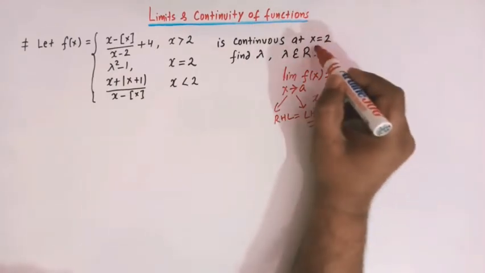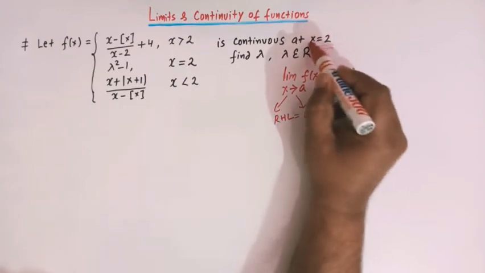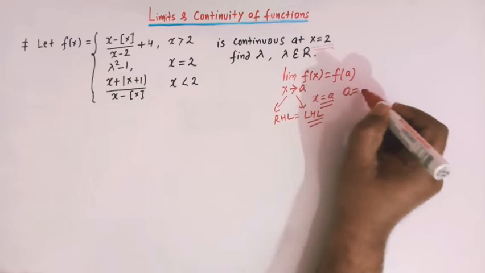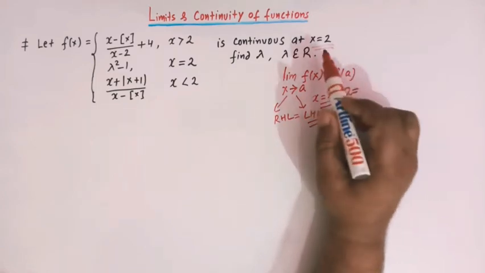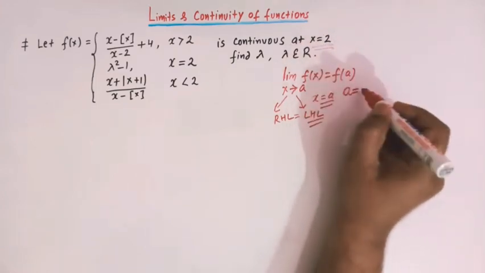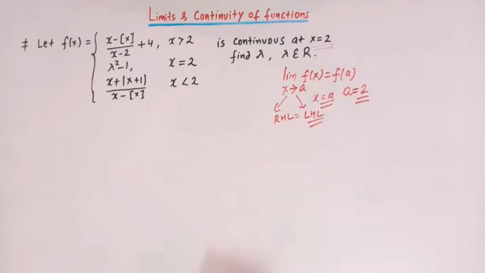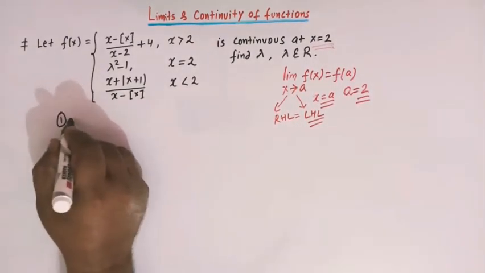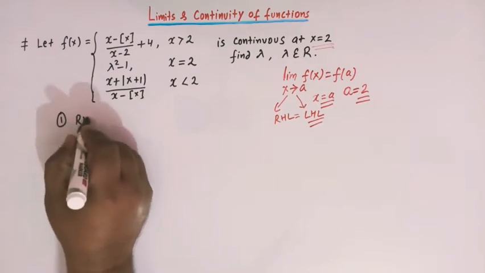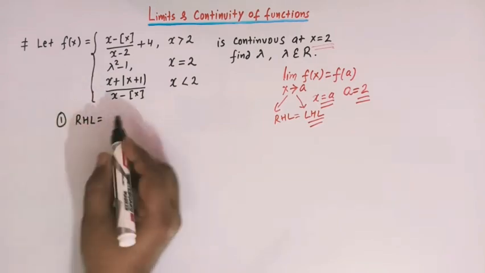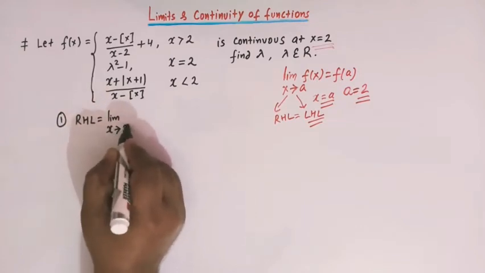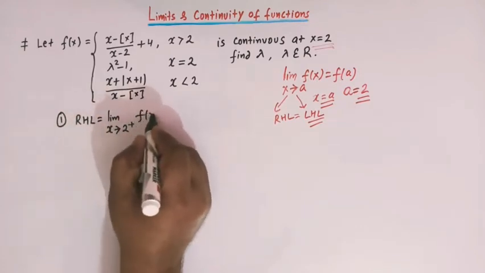So here we are given that the point at which we have to test the continuity is a is equal to 2. Now let us first find the right hand limit. The right hand limit is given by limit x tends to 2 plus of f of x.